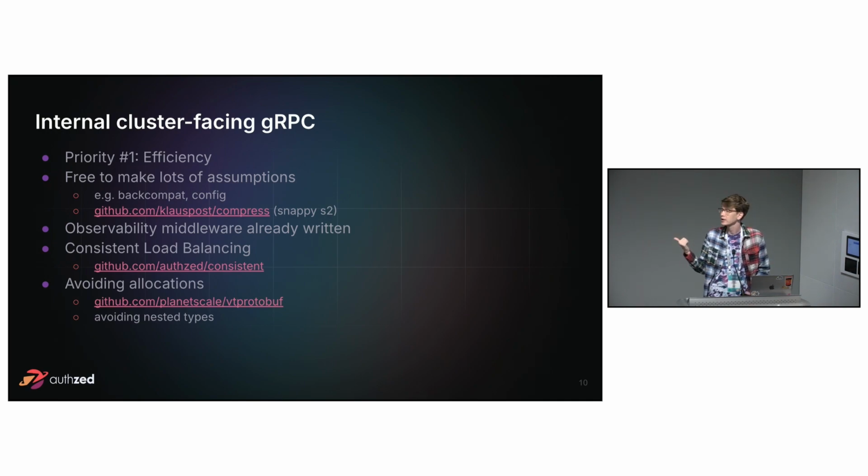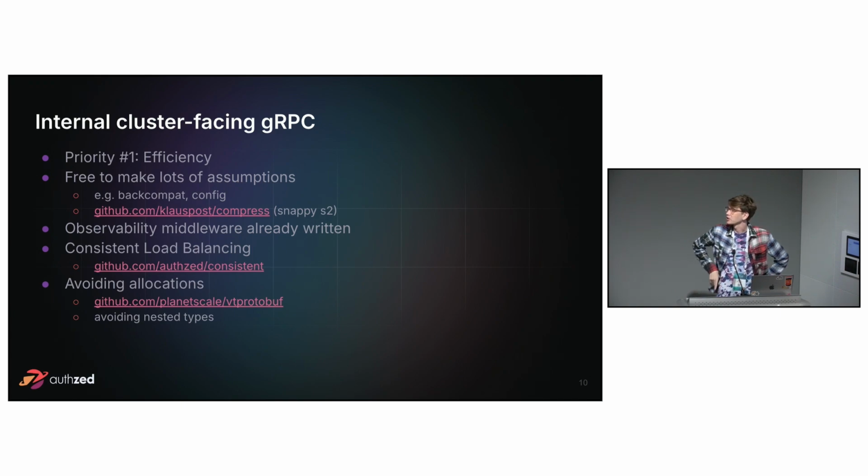So you can take a look at the IDL and take a pretty good guess at what the size of the messages will be ahead of time, and then you can statically figure out what you need to allocate and generate code for that rather than doing it at runtime with reflection. That's what vt-protobuf does, and if it was not for the PlanetScale folks, we would have had to implement this ourselves. It makes things way, way faster. So check this out if you're writing stuff in Go.